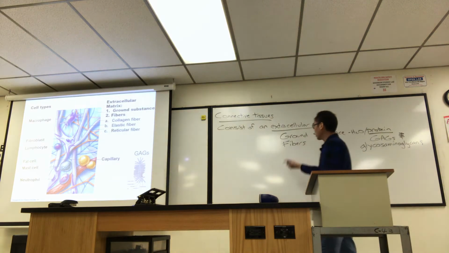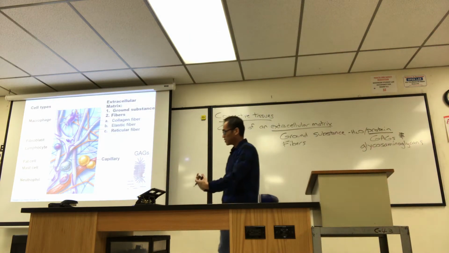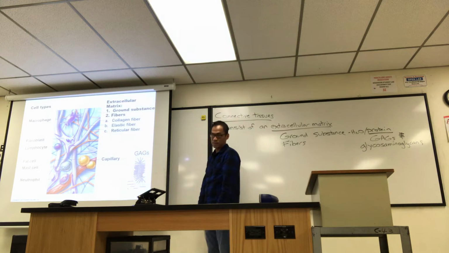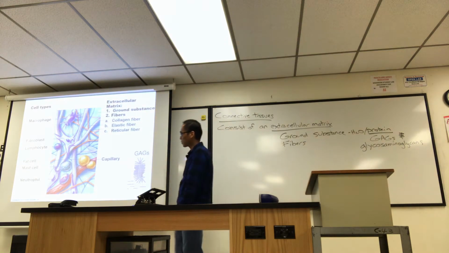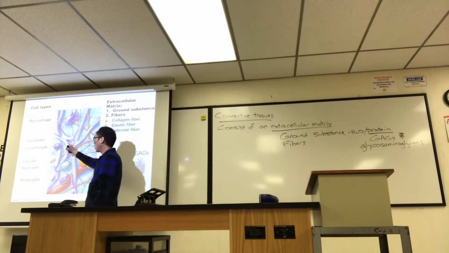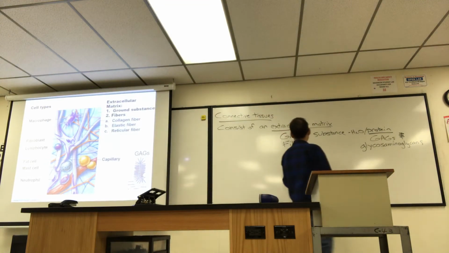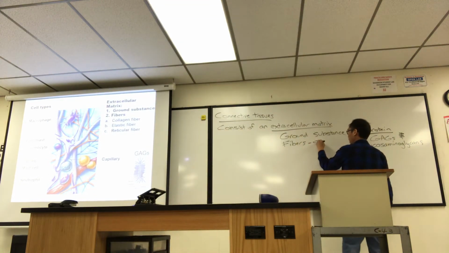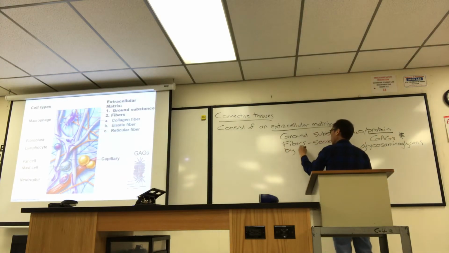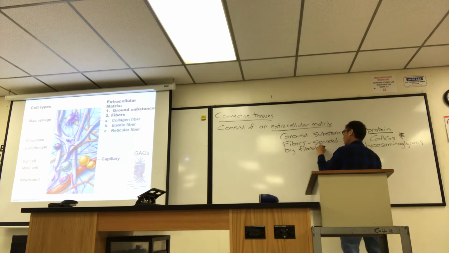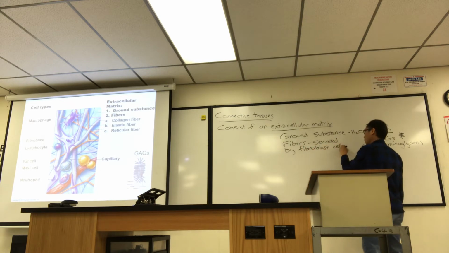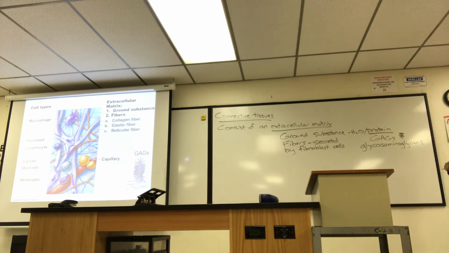There are a lot of different fiber types, but what you have to know is that it's the cells that produce the fibers. So they give you a few cell types here. Really, I'll just note for now the fibroblast. Fibers are secreted by the fibroblast cells, and cells of any tissue are the life of the tissue.